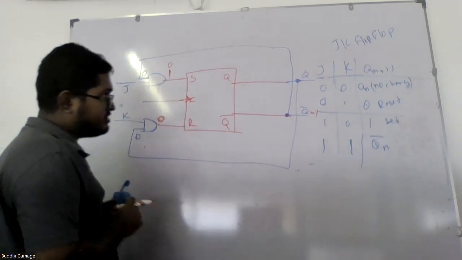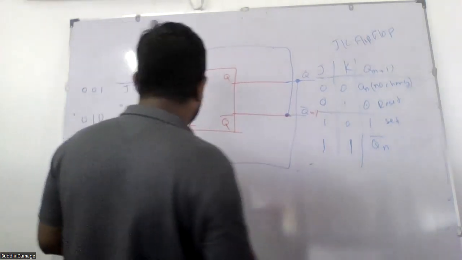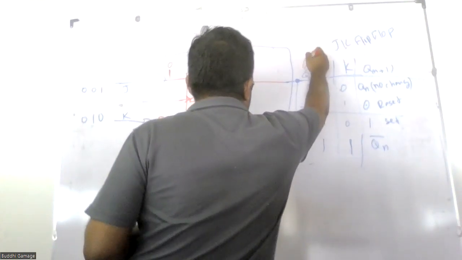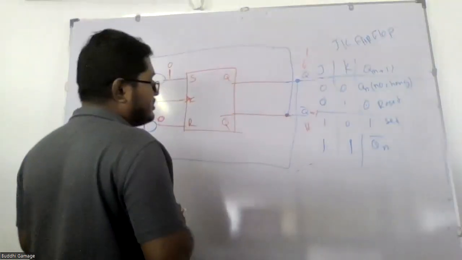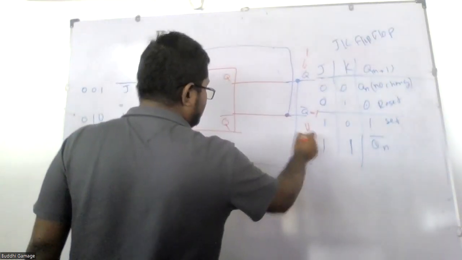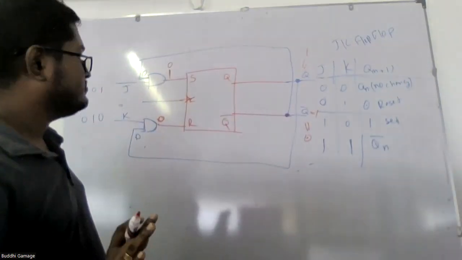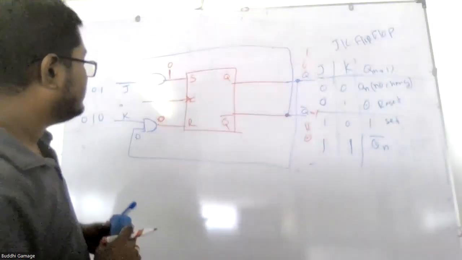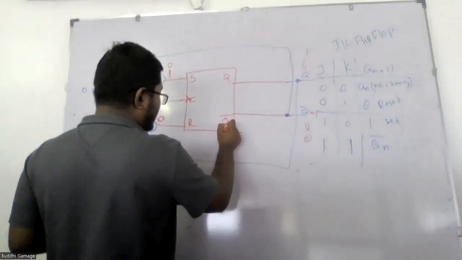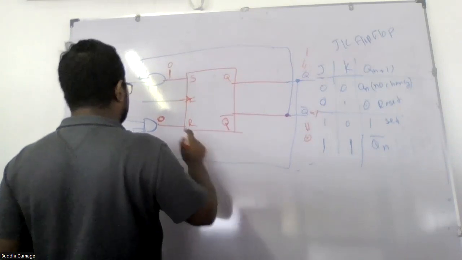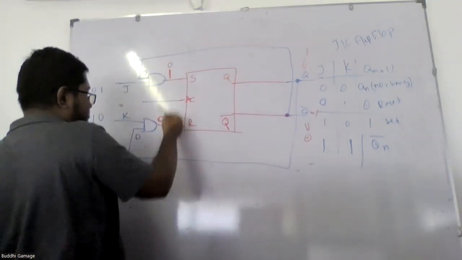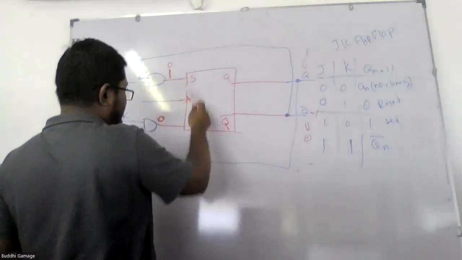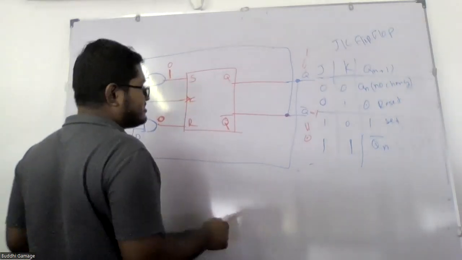So set state means Q is going to be 1. Q is going to be 1. And what will happen to Q bar is going to be 0, right? Do you agree with me? If this Q bar is 1, that is where only this value is going to 1. So 1, 0. 1, 0 as an output means the set state.